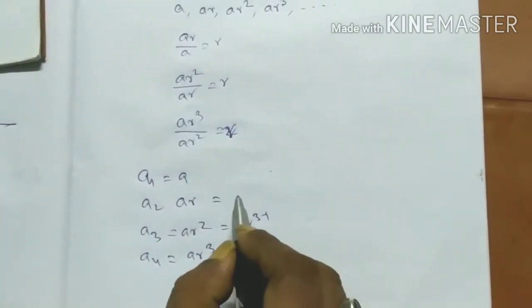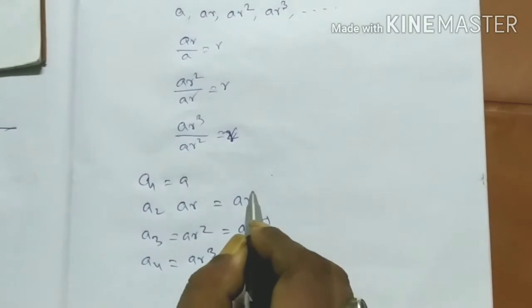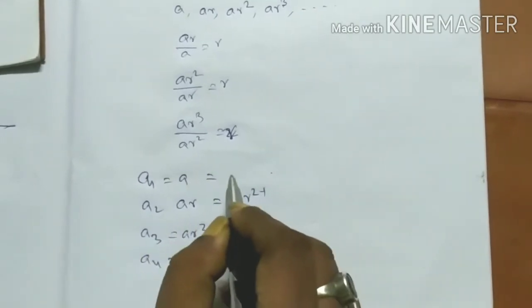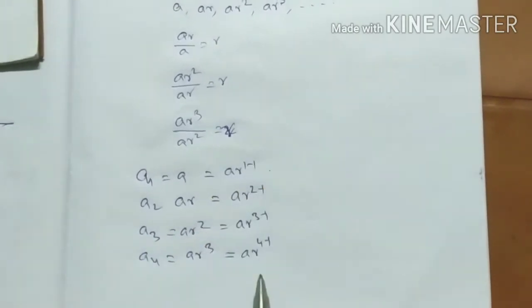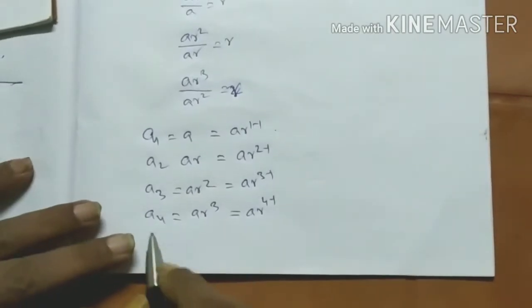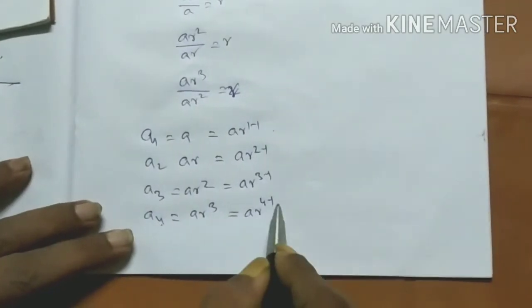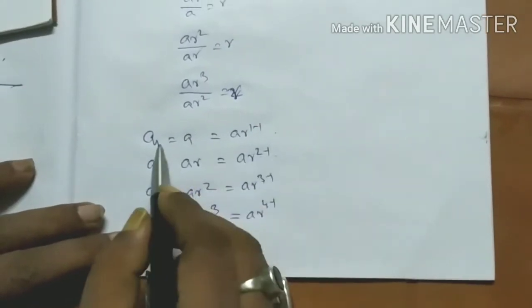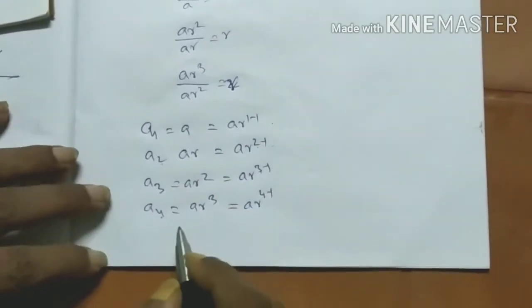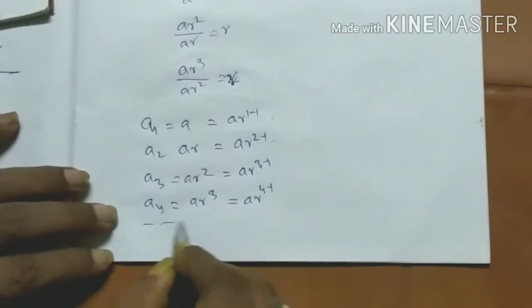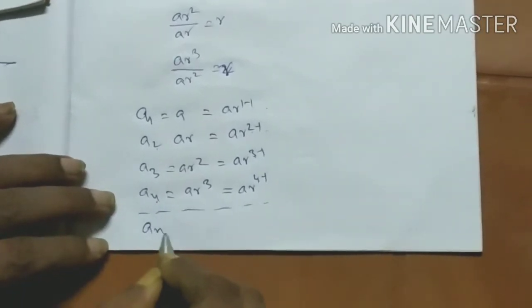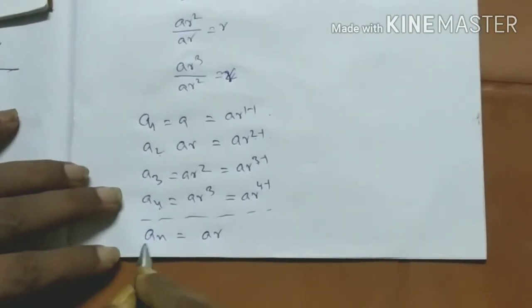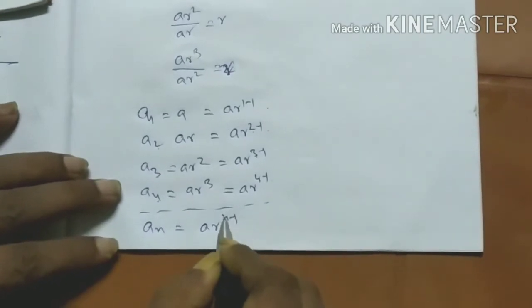Instead of R to the power of 1, I can write 2 minus 1. And here I can write 1 minus 1. So you see here, 4 minus 1 is 3, 3 minus 1 is 2, 2 minus 1 is 1, 1 minus 1 is 0. Therefore, similarly, An is equal to AR to the power of n minus 1.